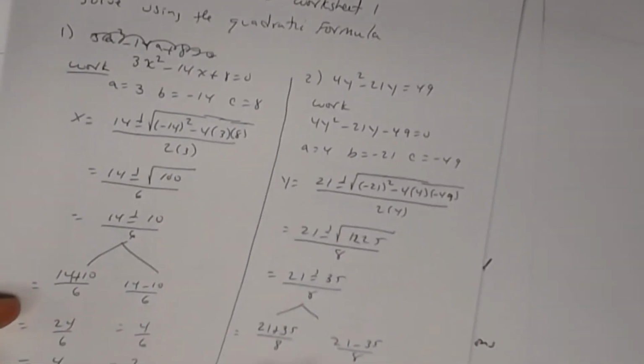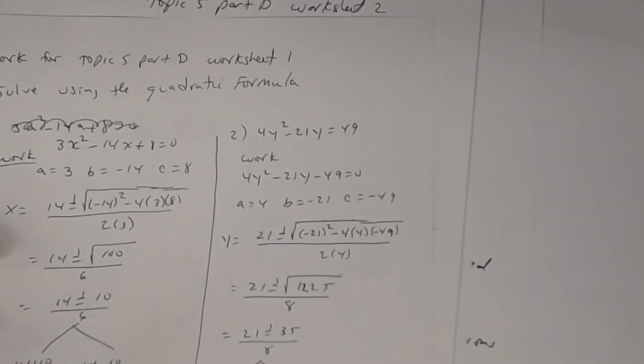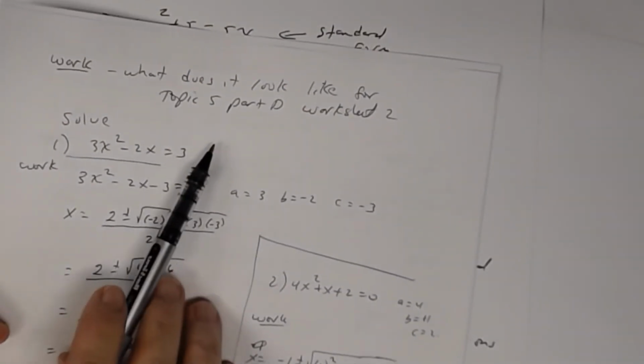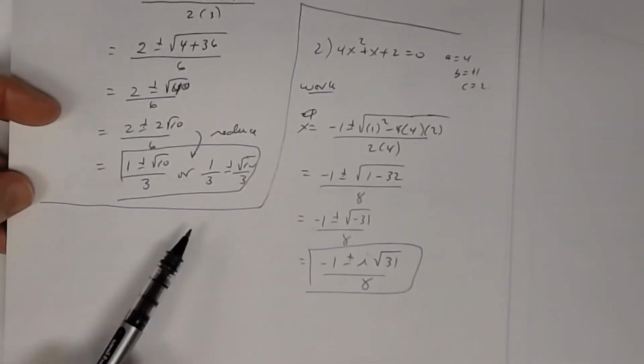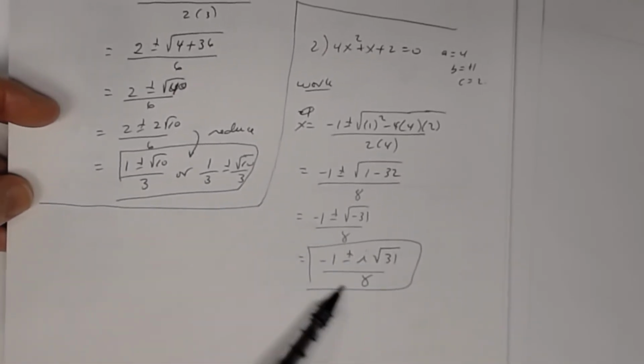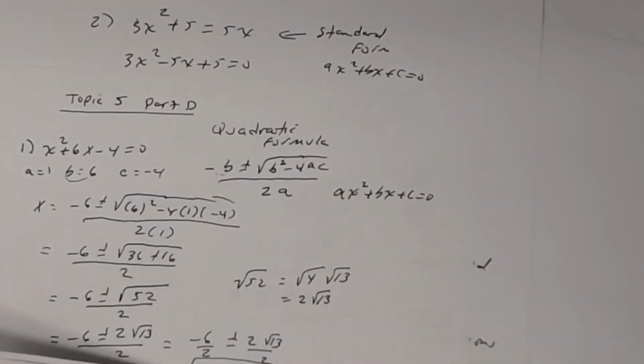I gave you 2 examples on that part. There's topic 5 part D worksheet 1, and then one for topic 5 part D worksheet 2. That's the one where you'll see irrational numbers and complex imaginary solutions. So make sure you're using those as well. All right, what I'm going to do now is look at a different topic.